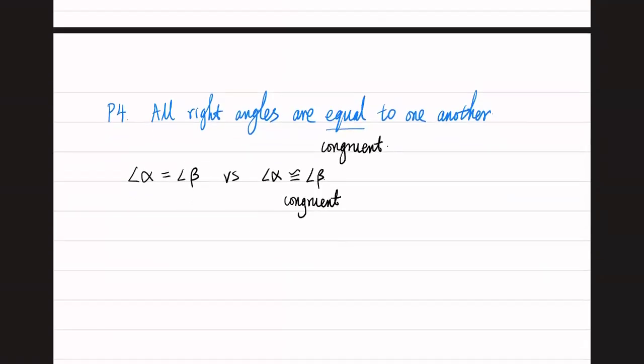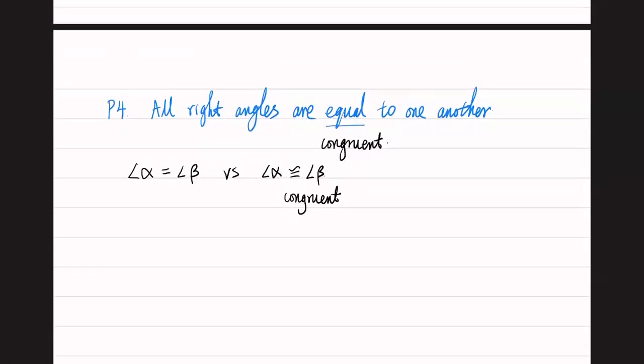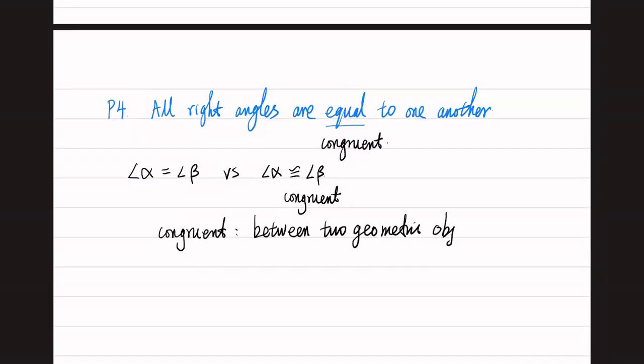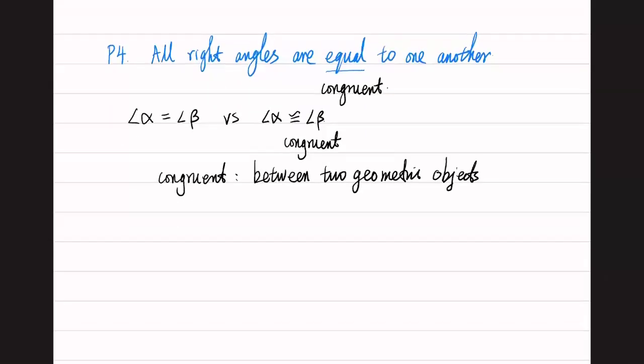So here, when we say congruent, it's about the relationship between two geometric objects.